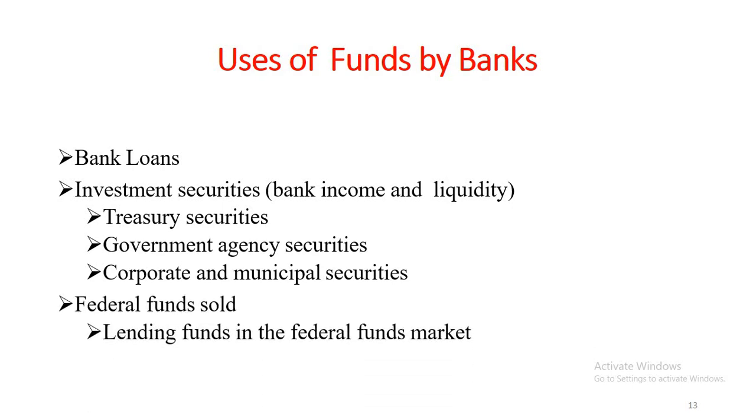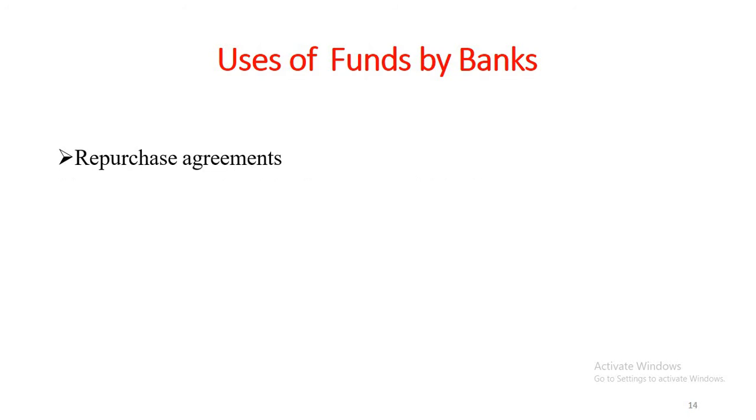Banks can also use their funds in the federal funds market. In this case, banks use their funds through federal funds sold, which is simply lending funds in the federal funds market or call money market. Then repurchase agreements can also be a safe investment for the bank.